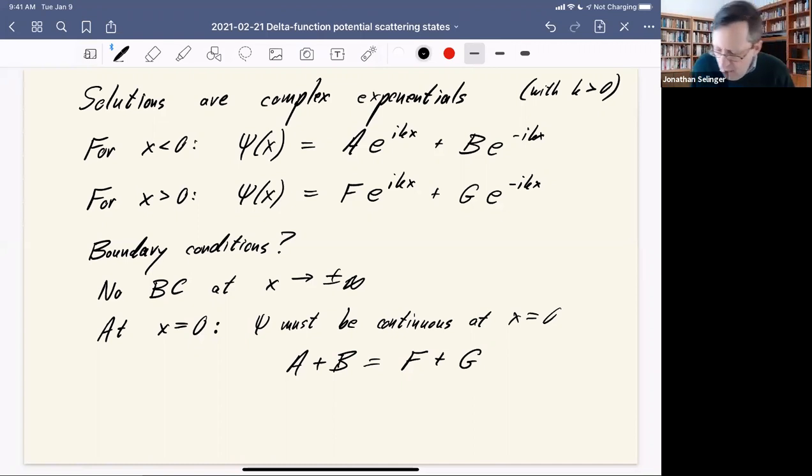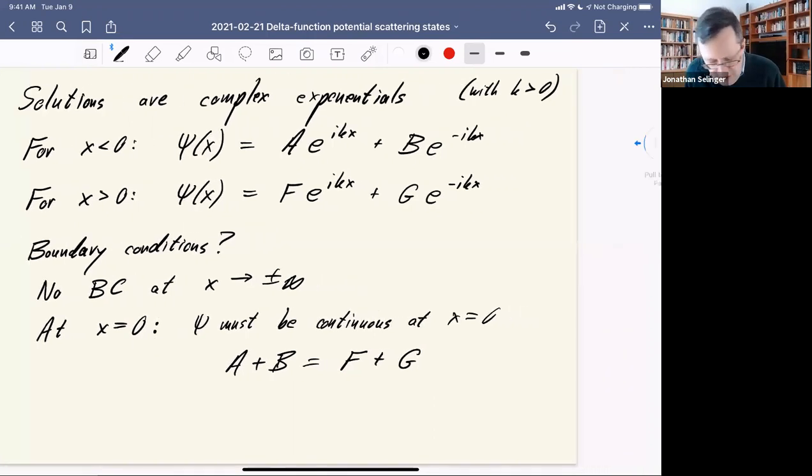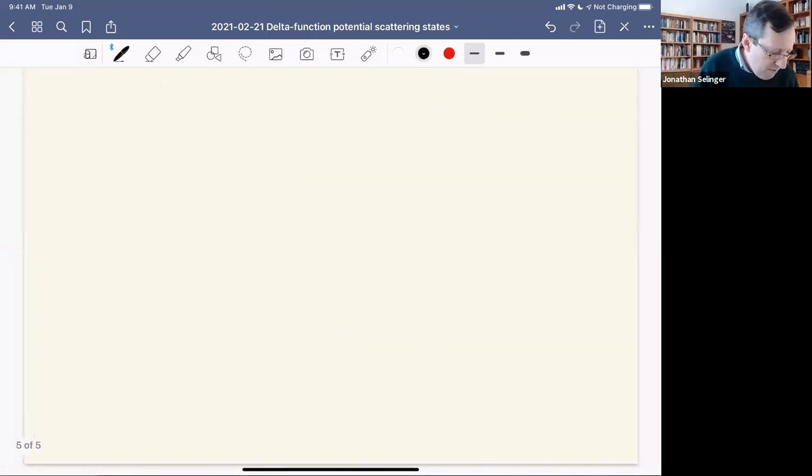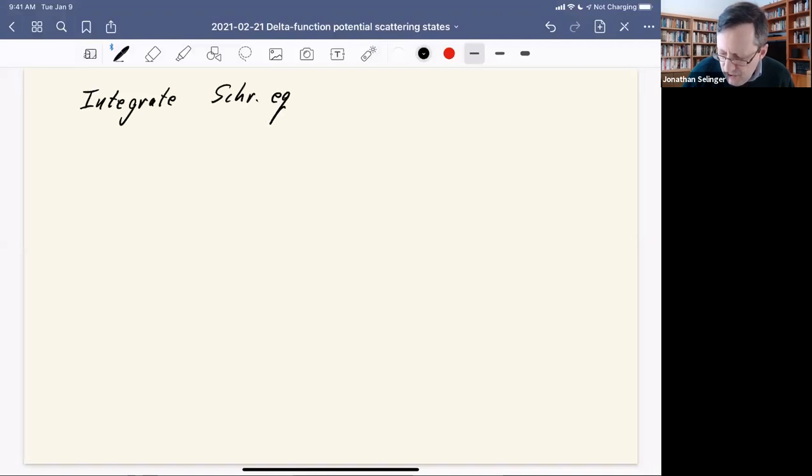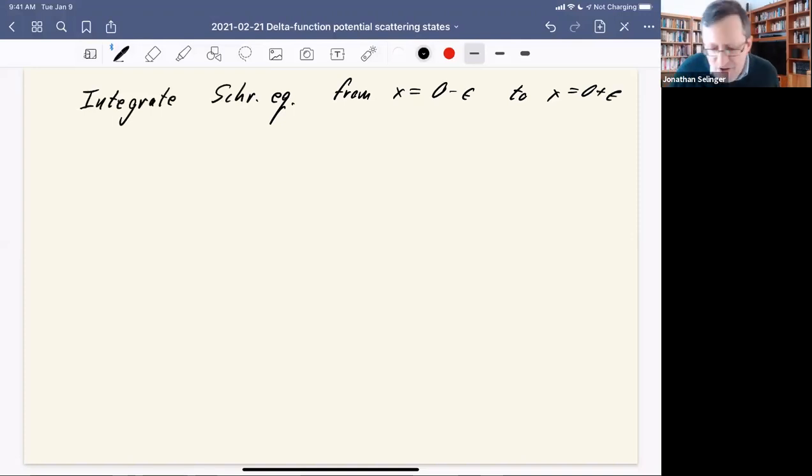Now, what about the first derivative of psi? We worked out last time what happens if we integrate Schrodinger's equation from x equals 0 minus epsilon to x equals 0 plus epsilon, where epsilon is some tiny number.